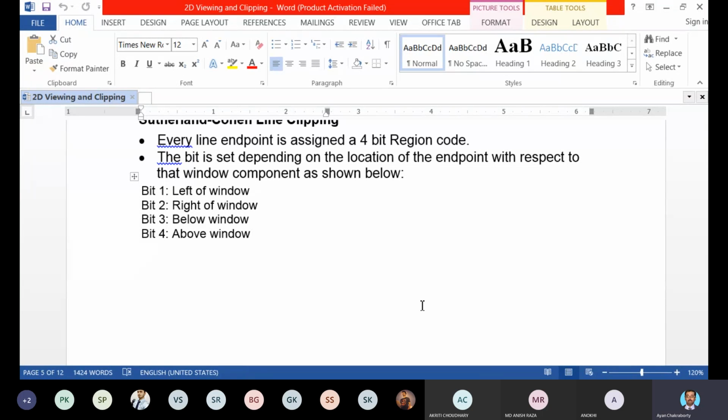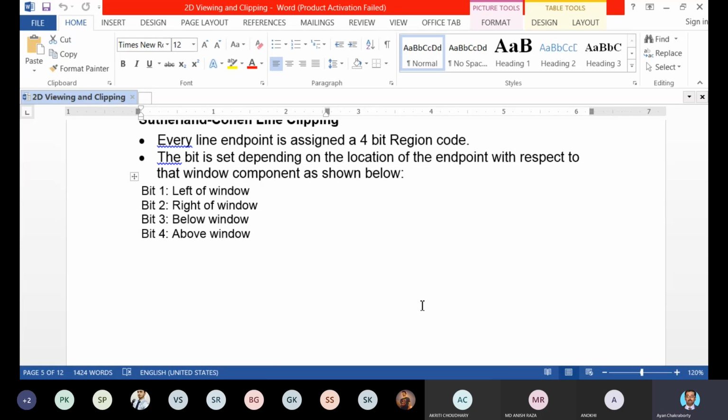You have to remember this sequence, because if you jumble it up, the total algorithm will be messed up. So always remember: 1, 2, 3, 4, left, right, below, above.